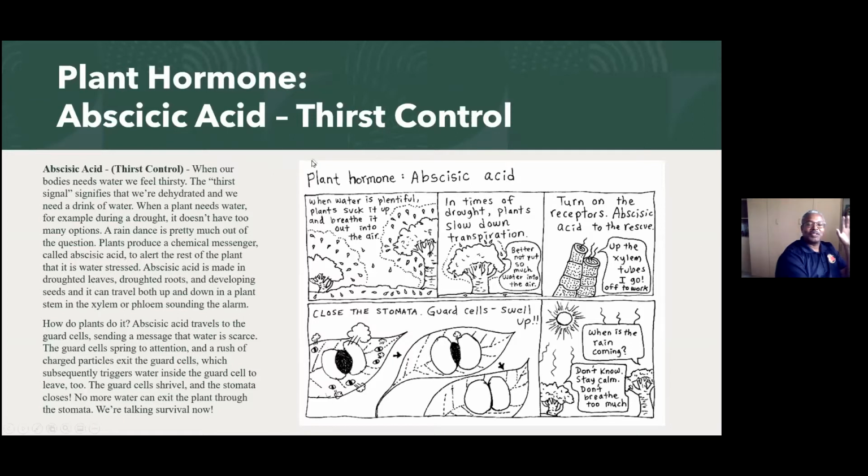Let's look at this little cartoon character here. When water is plentiful, plants suck it up and breathe it out into the air. In times of drought, plants slow down. They slow down transpiration. We said before that transpiration is leaves giving off water and oxygen.